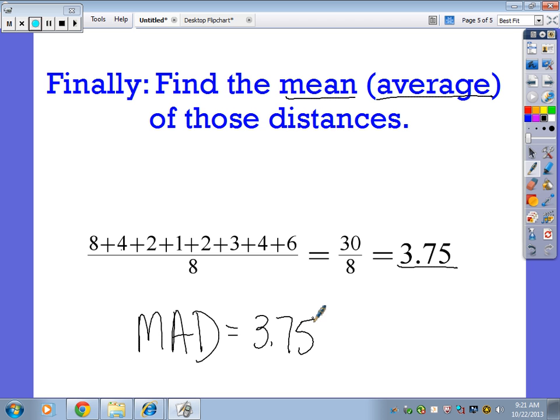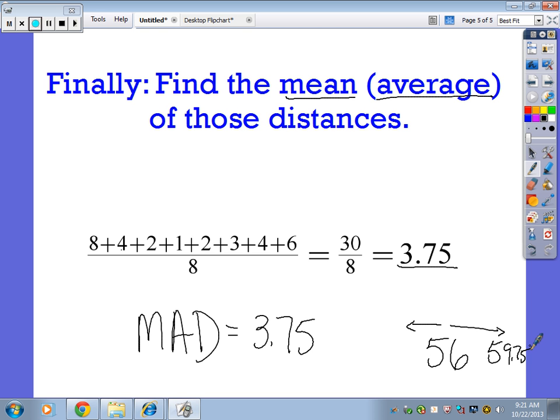What does that mean? Well, that means that the average distance from the mean, the average distance from 56 in our data set is 3.75 to the left and 3.75 to the right. So to the right, that's 59.75.